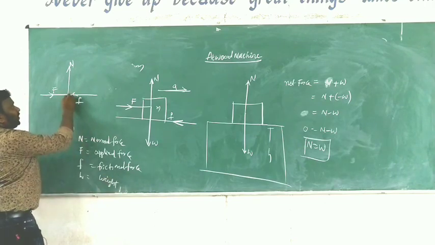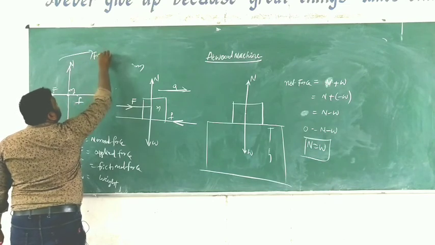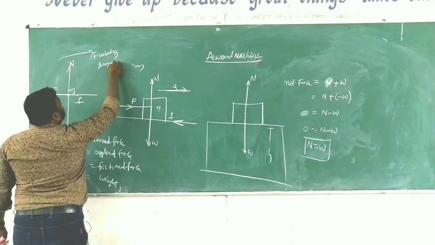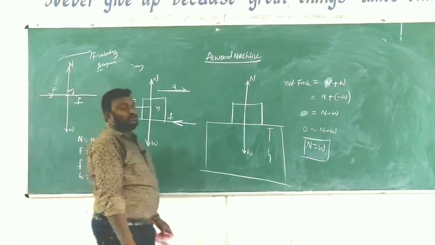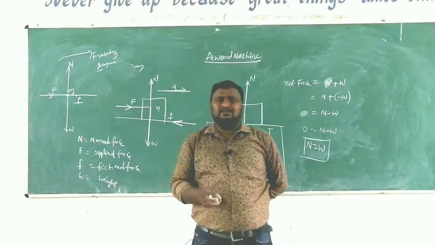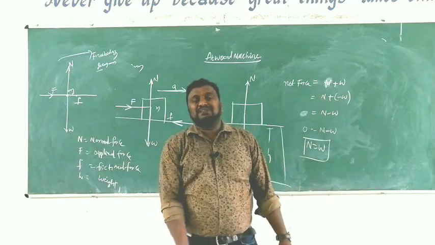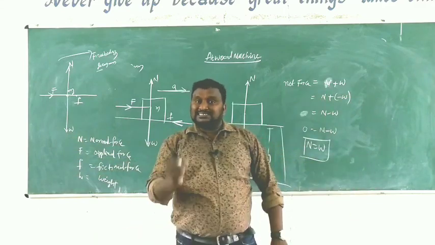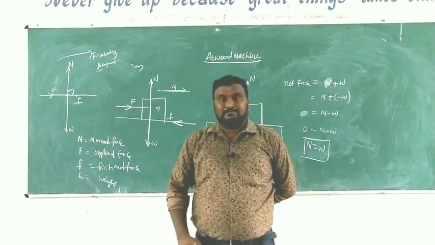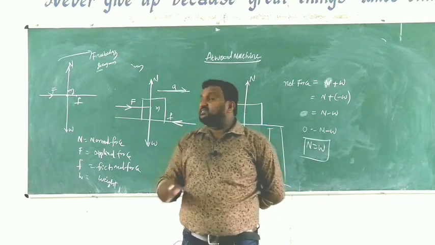So simply now it is called a free body diagram. Free body diagram means what? Nothing, simply the object, even a 100 kg object, is taken as a point. The diagram in which the body is taken as a point, and the forces can be shown with vectors.